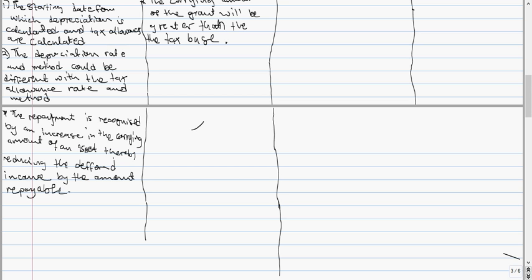Okay, so we are basically saying the income that you received in the form of the government grant will have been reduced by the amount that you're going to repay on the government grant.